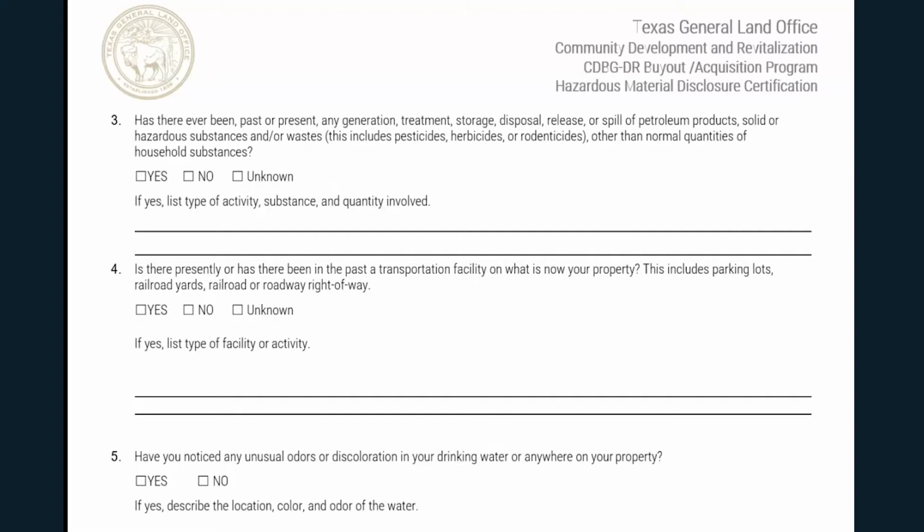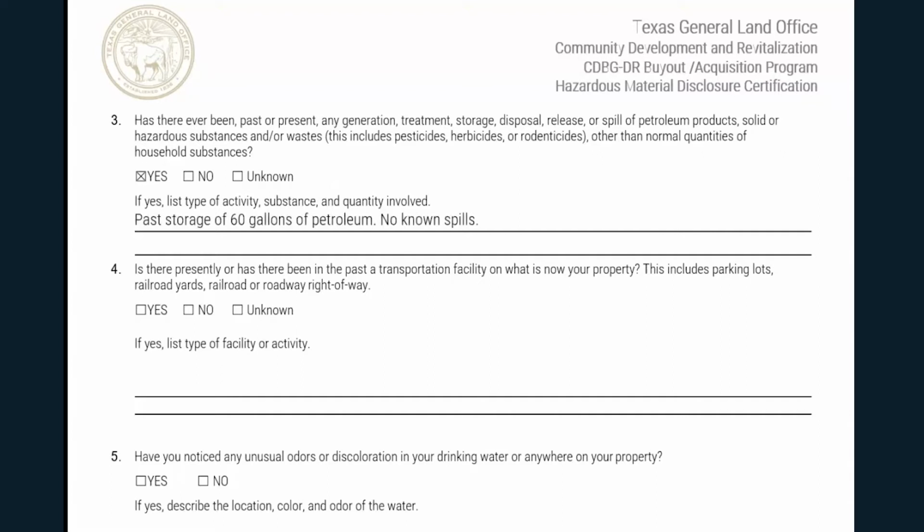The question is concerned about the past or present presence of hazardous chemicals through generation, treatment, storage, disposal, release, or spills. But please note that we are only concerned about quantities above normal household quantities. The applicant should check yes, no, or unknown. If the answer is yes, the applicant should list each type of activity, substance, and quantity allowed.